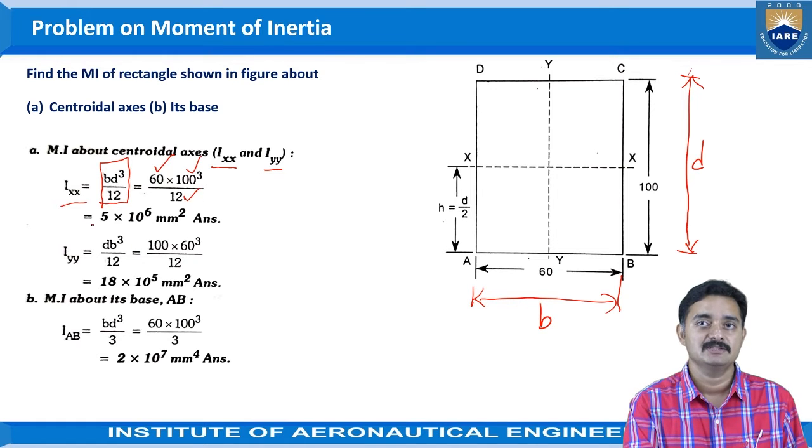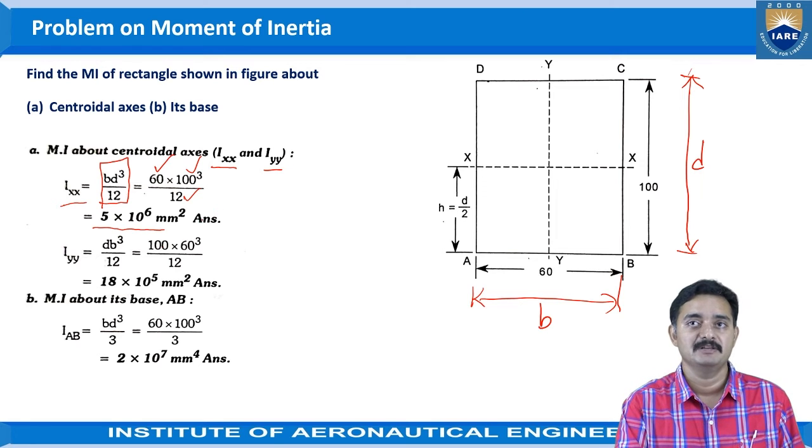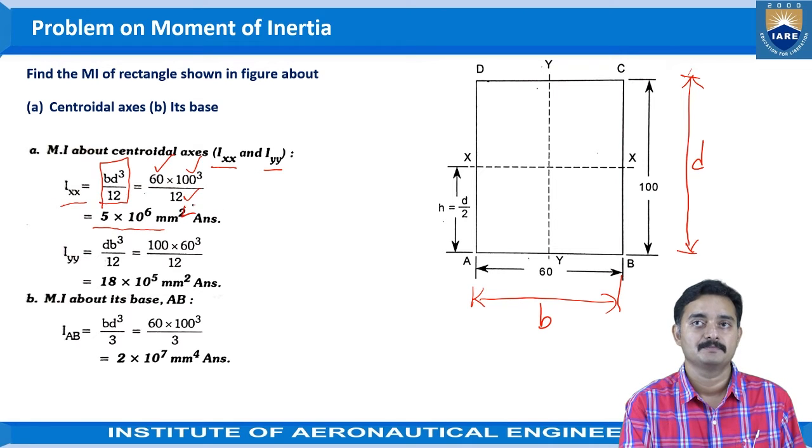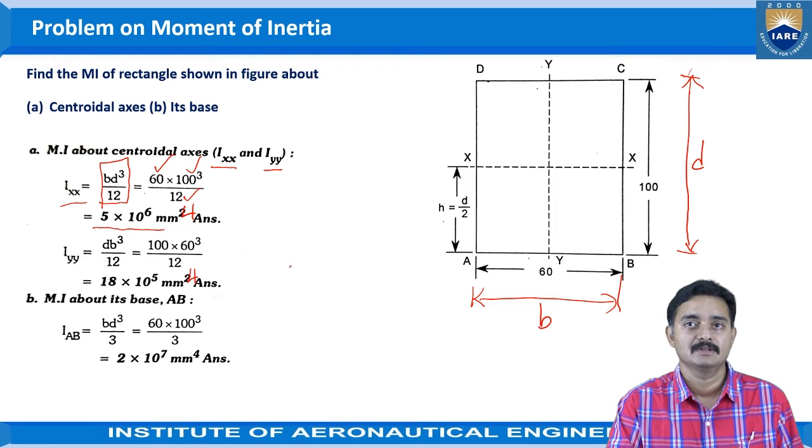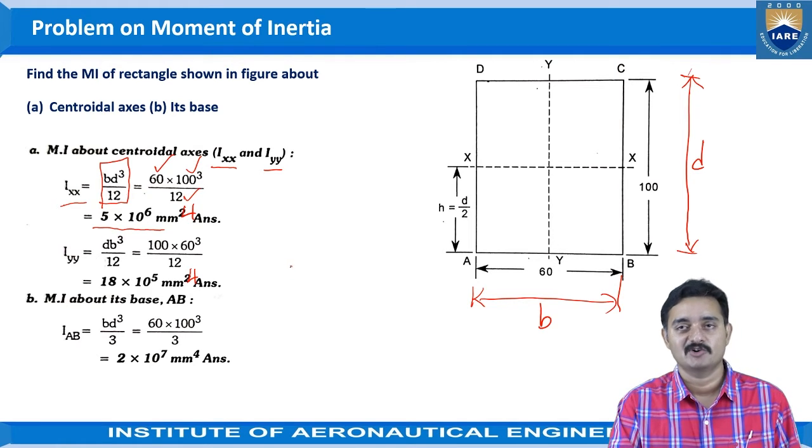When you simplify this, you will get the answer as 5 into 10 power 6 millimeter power 4. This is the moment of inertia of this particular rectangle with respect to the x-x centroidal axis.